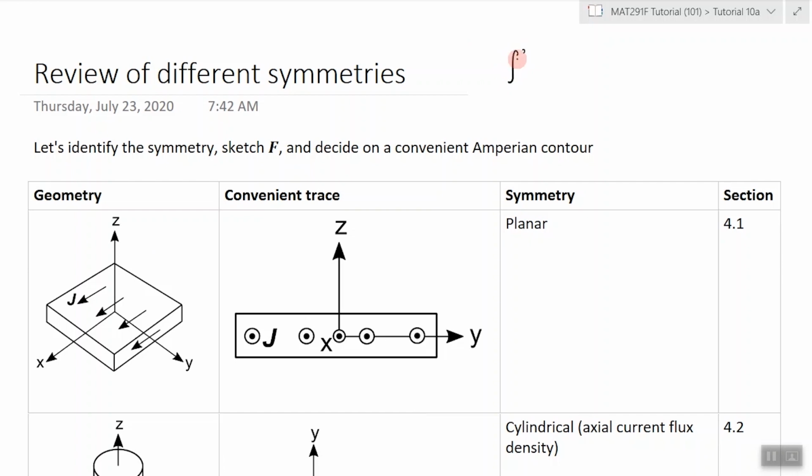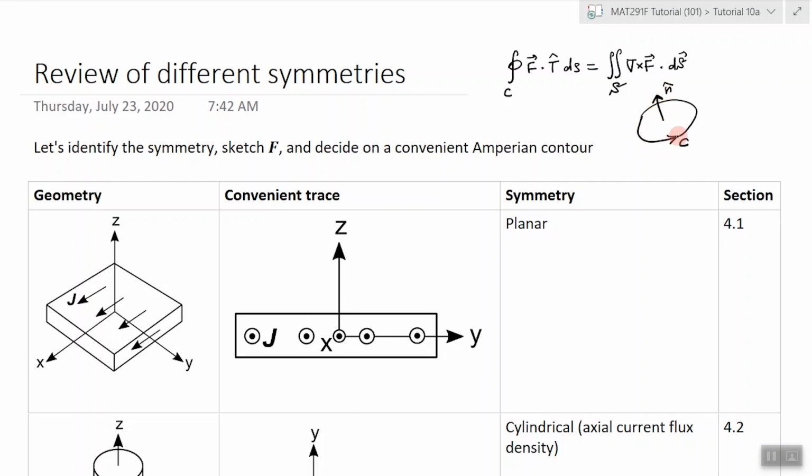You have your contour integral of a vector field is equal to the flux of the curl of the vector field F through the surface S, where the surface S needs to have the same orientation as the contour by the right-hand rule.